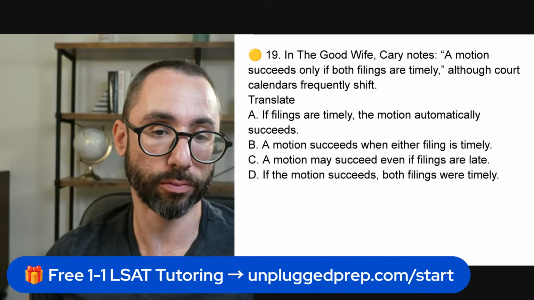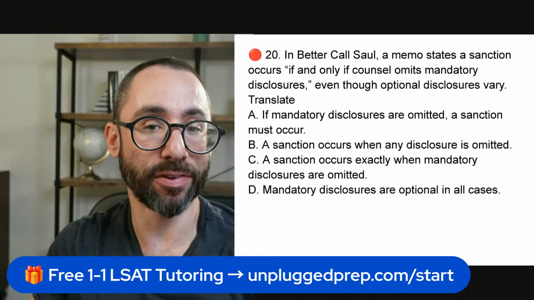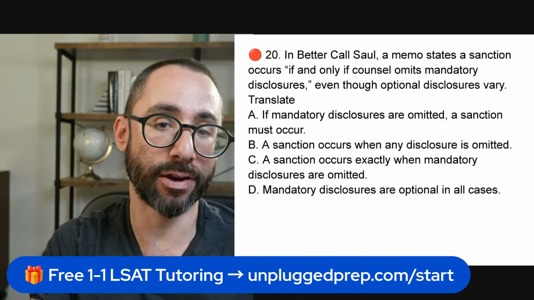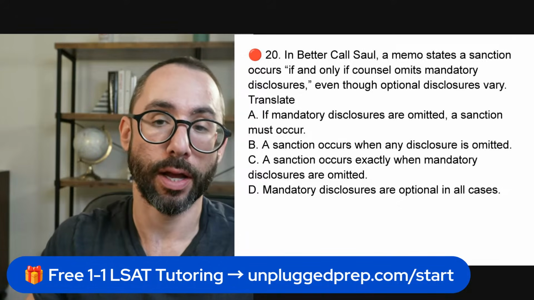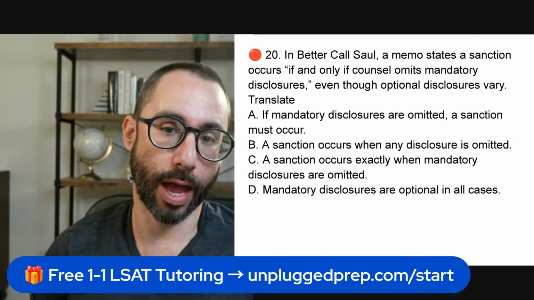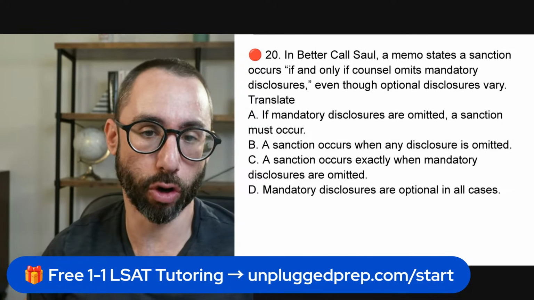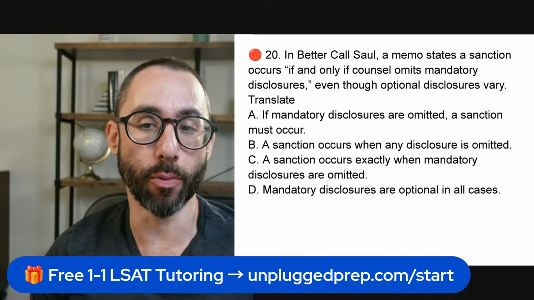Well done, folks. Number 20, in Better Call Saul, a memo states a sanction occurs if and only if counsel omits mandatory disclosures, even though optional disclosures vary. Let's translate this statement. A, if mandatory disclosures are omitted, a sanction must occur. B, a sanction occurs when any disclosure is omitted.